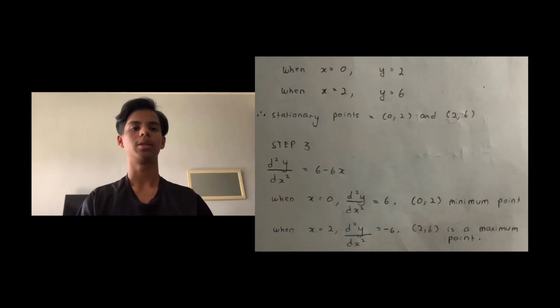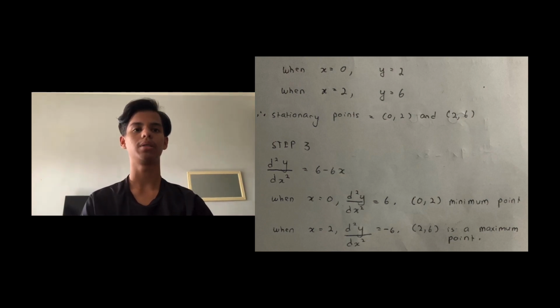When x is 0 and 2, y is 2 and 6, and then the stationary points are 0, 2 and 2, 6.